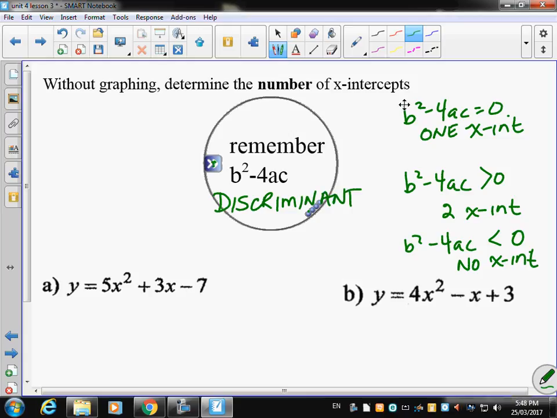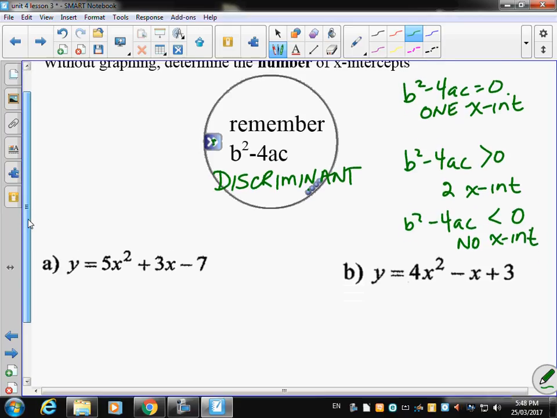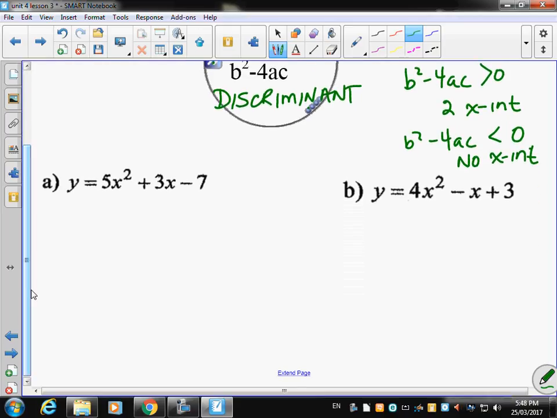All right. The first one, y equals 5x squared plus 3x minus 7. All I want to know is how many x-intercepts there are. So I'm going to look at b squared minus 4ac and see what I get. For this particular one, this is my a, this is my b, it's nicely in order for me, and this is my c in standard form. B squared would be 3 squared.